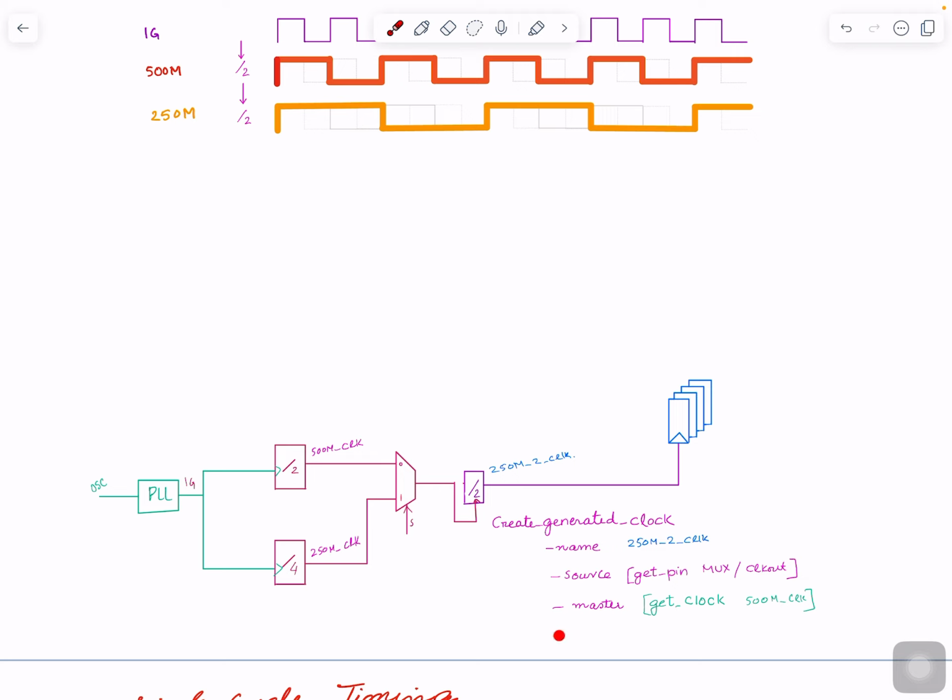And then you need to say dash divide by 2. And of course, where you need to mention the pin.